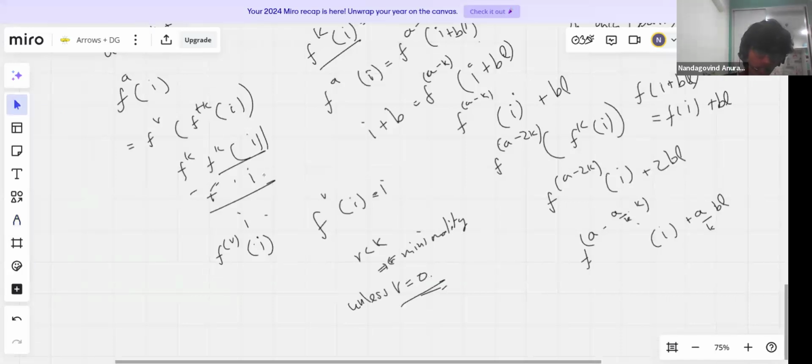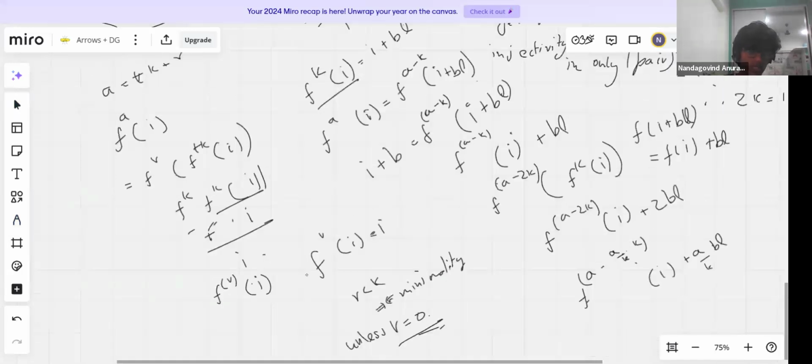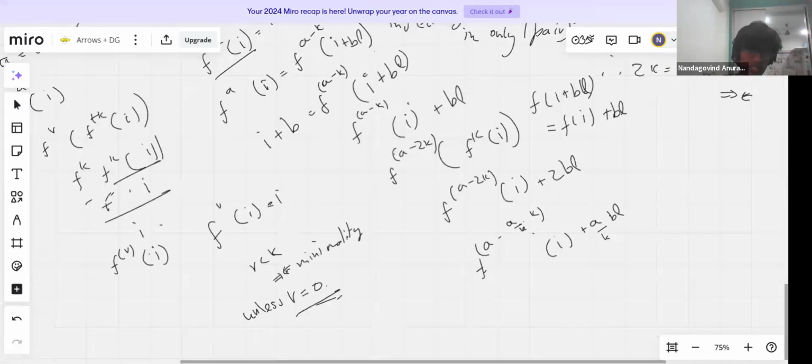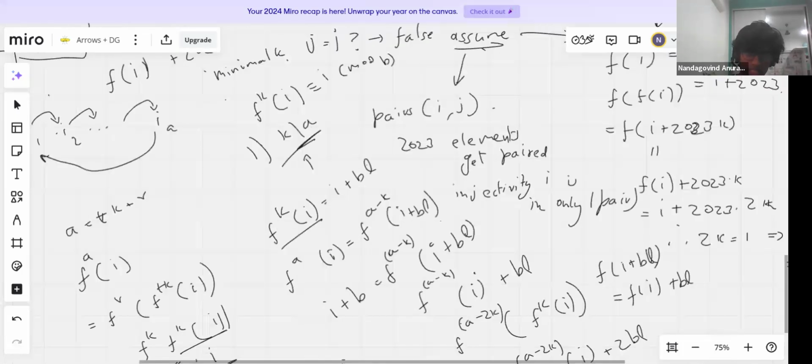So therefore we have r equals 0, and therefore k divides a. So that gives me this thing.